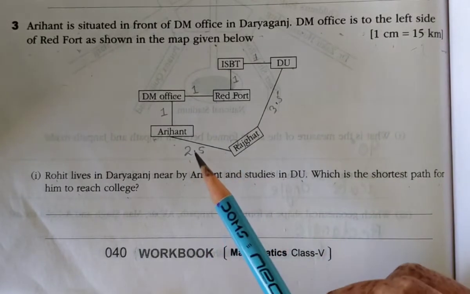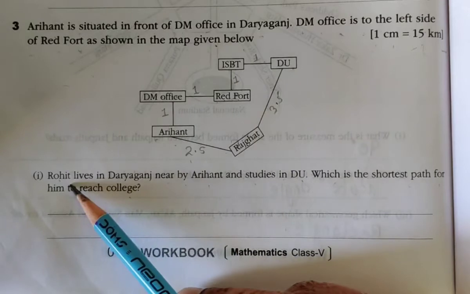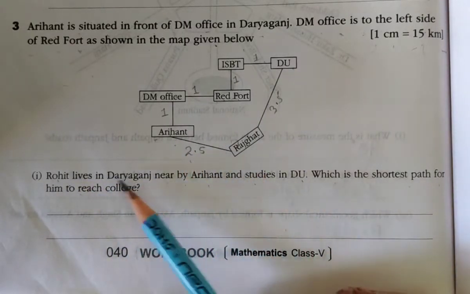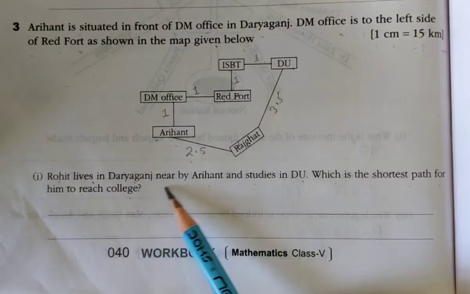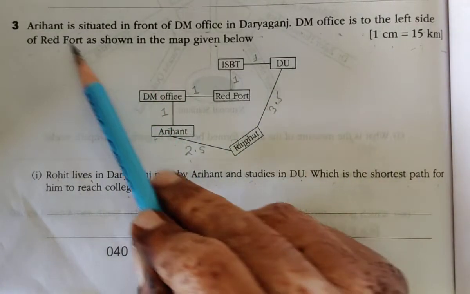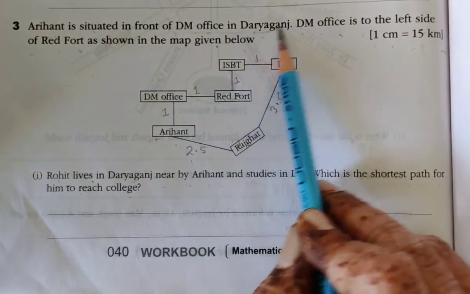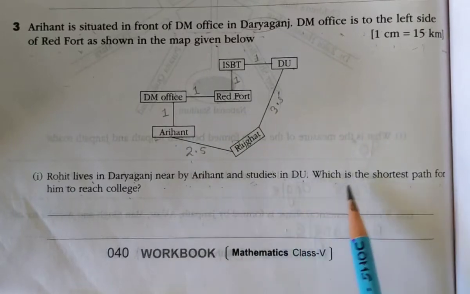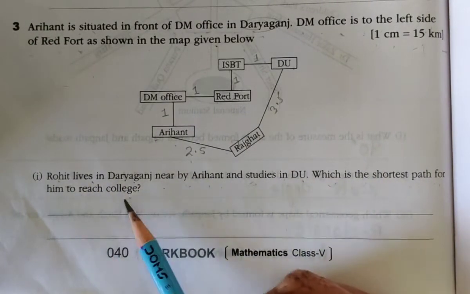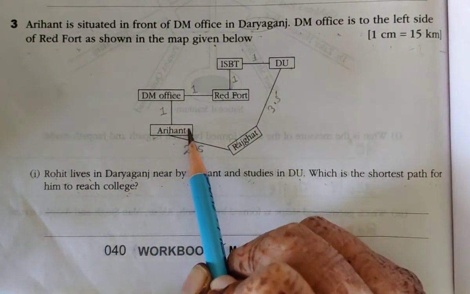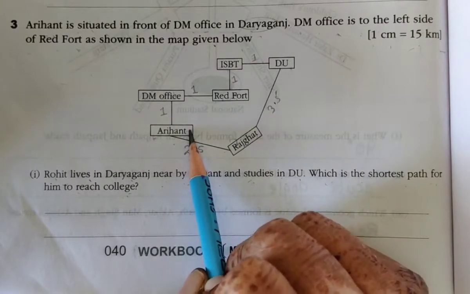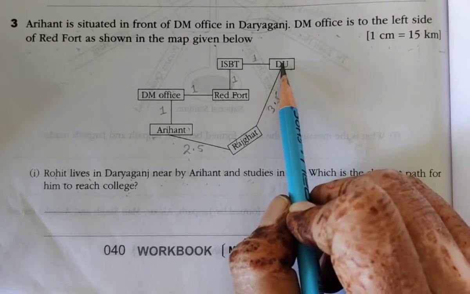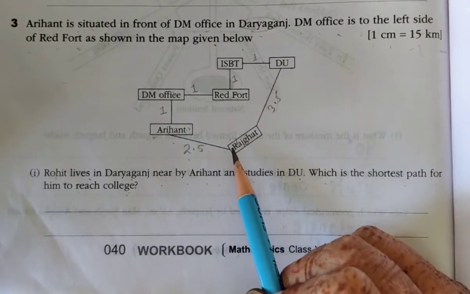Okay. Now Rohit lives in Daryaganj nearby Arihant. This Arihant is situated in front of DM office in Daryaganj. So this is whole Daryaganj and he studies in DU. Which is the shortest path for him to reach the college? He is actually living nearby Arihant, and if he wants to go to DU college, which is the shortest distance?